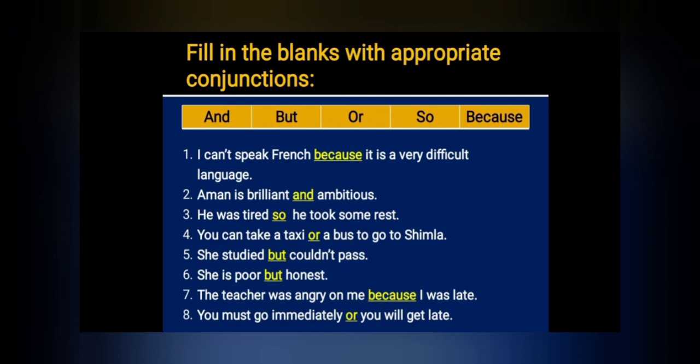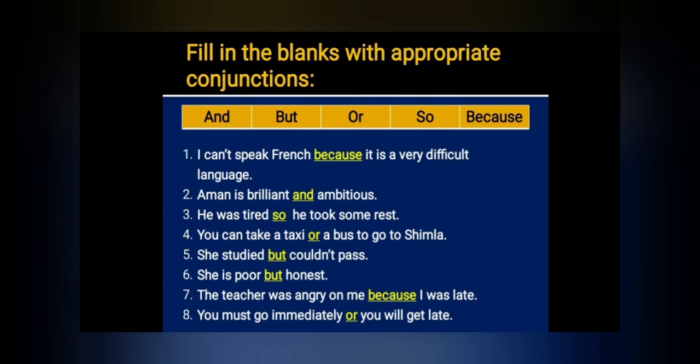I can't speak French because it is a very difficult language. Why can't I speak French? And the answer to this question why is expressed with the help of the conjunction because. So do you remember? Because is used to express the result of some action.